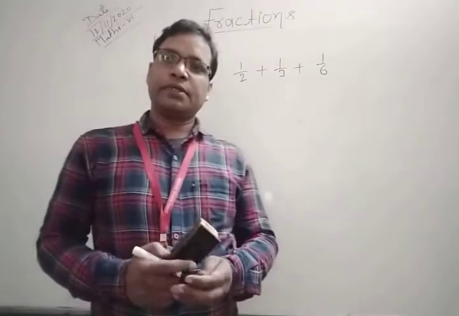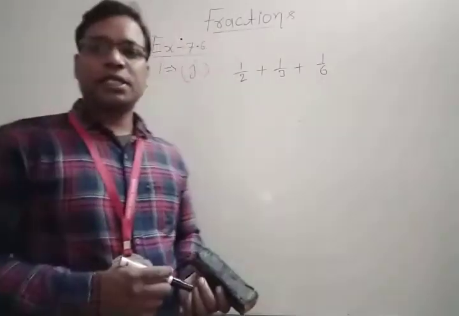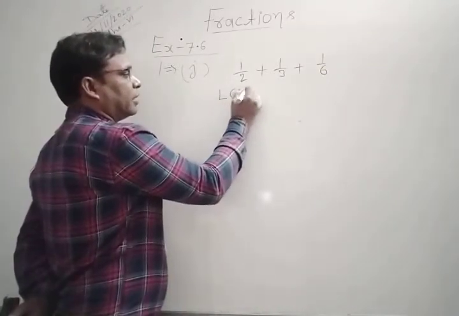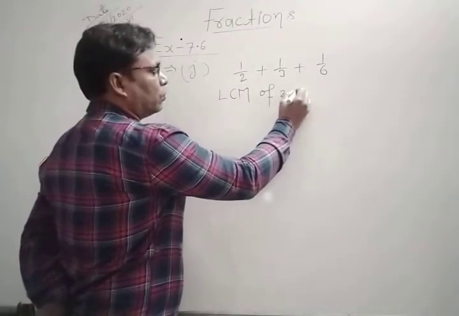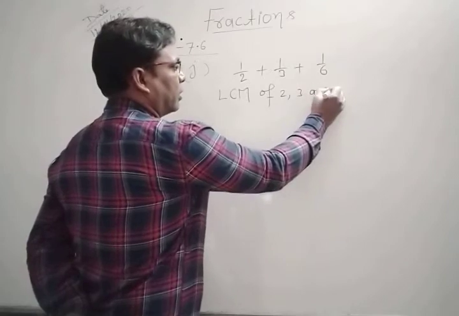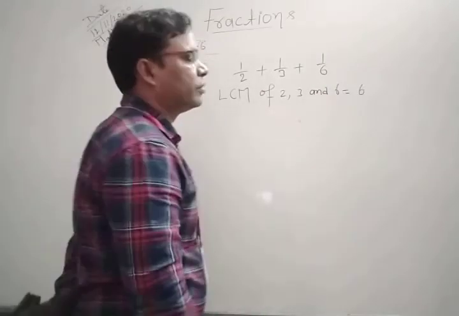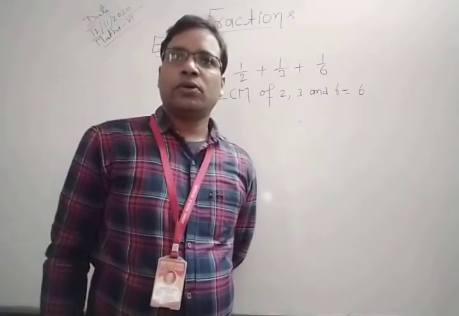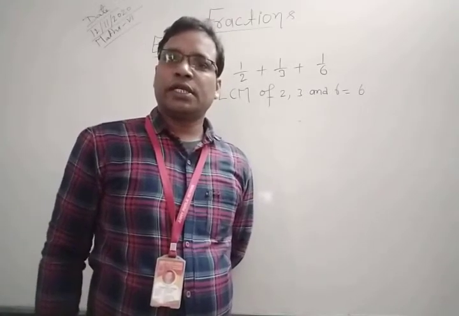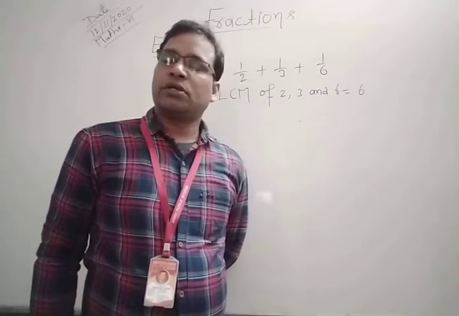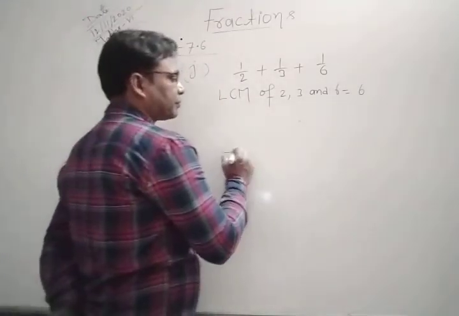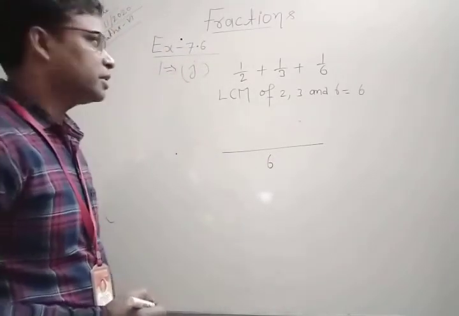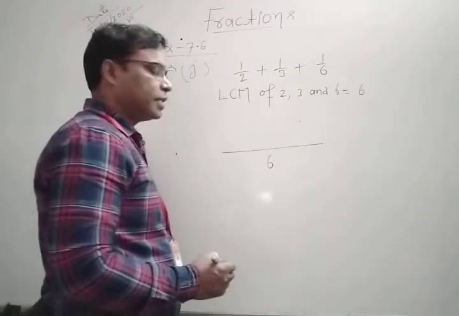So the LCM of 2, 3 and 6 is equal to 6. Because you can see 6 is a multiple of 2 and 3 both, and 6 is also a multiple of 6. So the LCM of 2, 3 and 6 is equal to 6. In this case, you write 6 here.